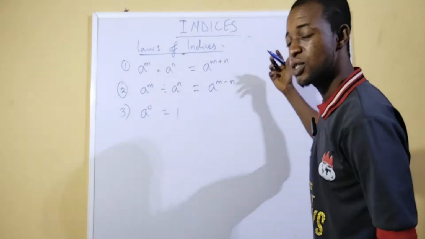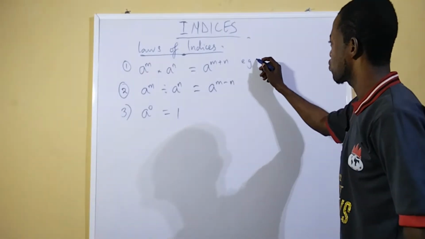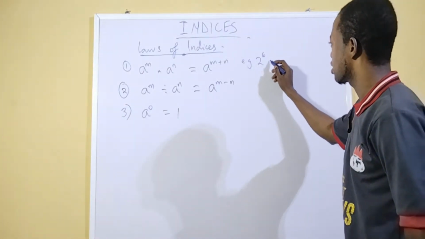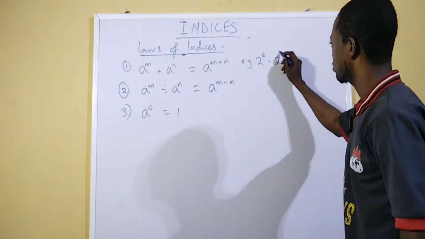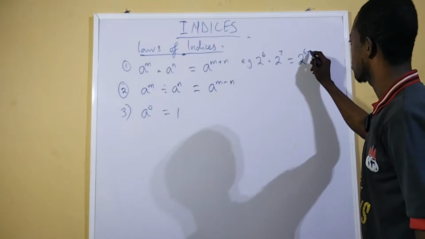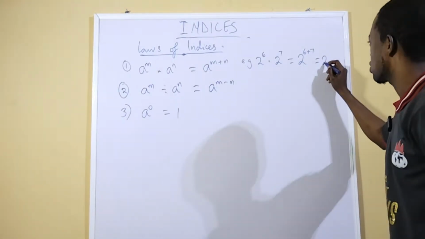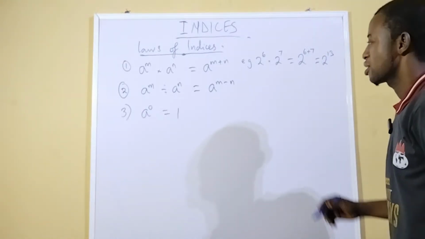Now, we can also give examples. E.g., when we have 2 raised to power 6 times 2 raised to power 7. Of course, this will be 2 raised to power 6 plus 7, which is equals to 2 raised to power 13.